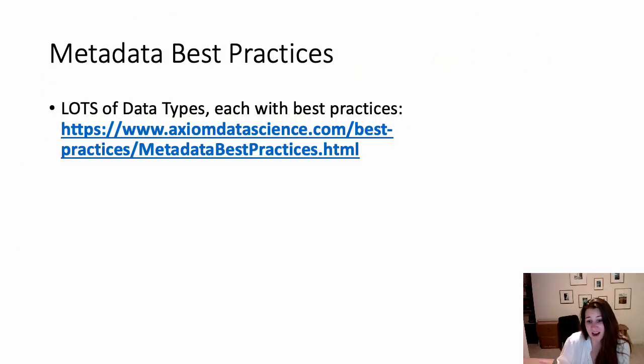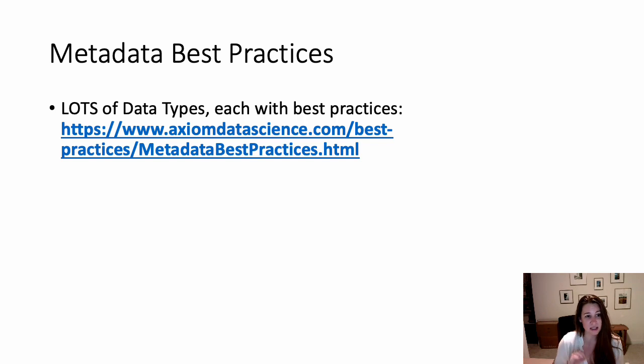So there are lots of types of metadata and lots of types of data in general, and each have their best practices in terms of how to best format that data and potentially how to also record information about it.